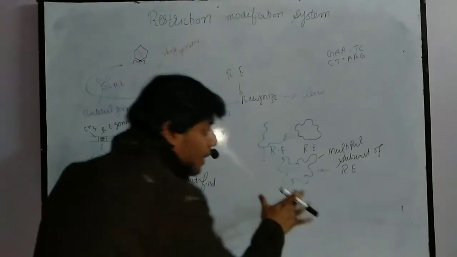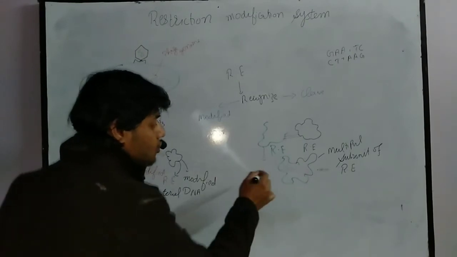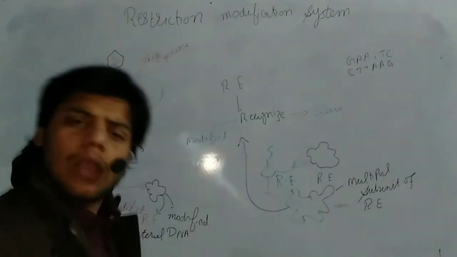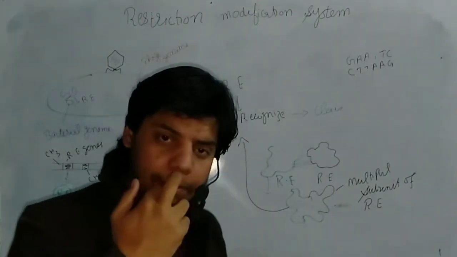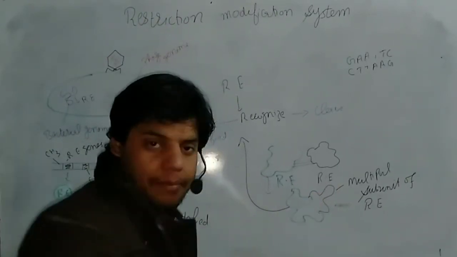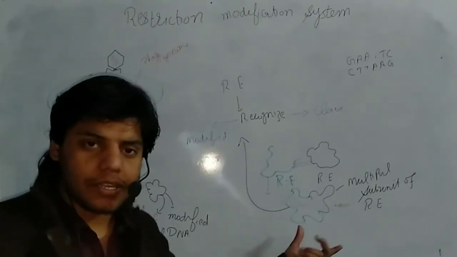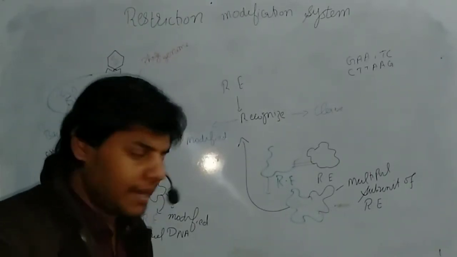So this multiple-subunit restriction enzyme can have the ability to perform these three functions, but it will not usually happen. But sometimes we can artificially make this enzyme. It is not present inside the bacterial cell, but artificially it is made.